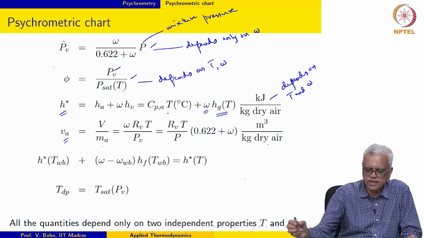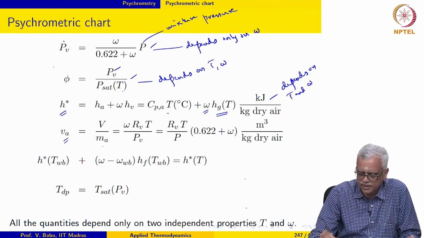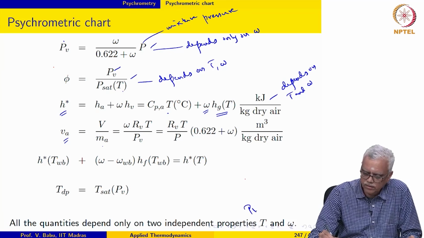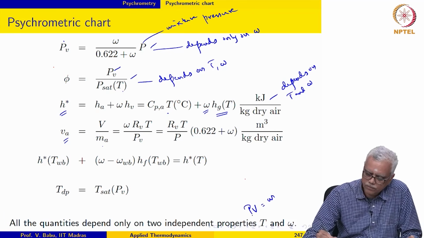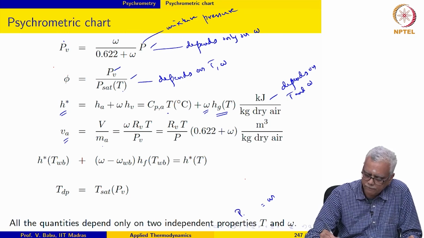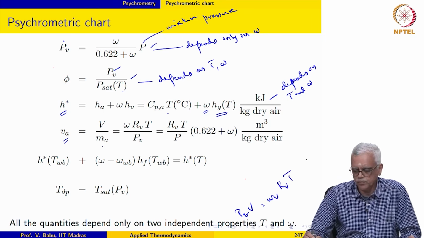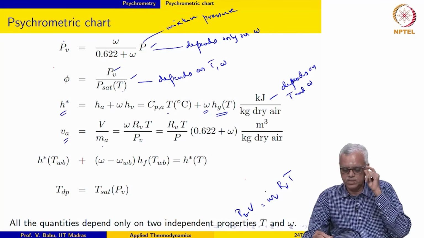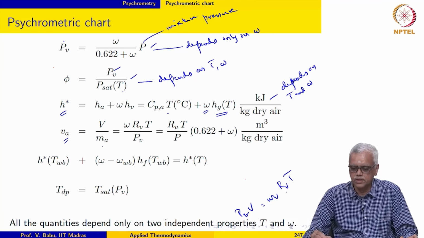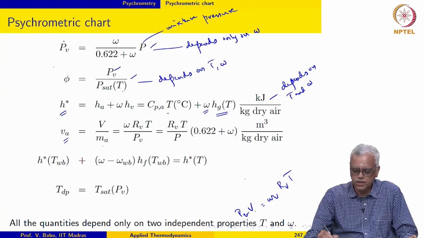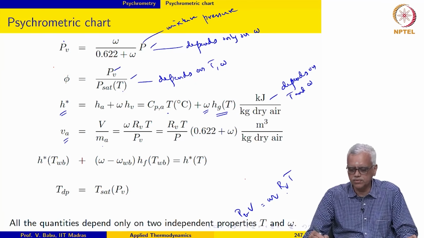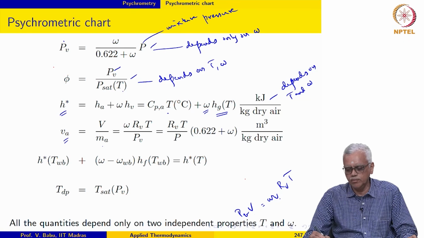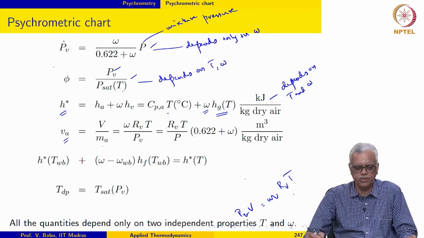Now, volume of mixture itself may be written like this. So, we may write for the water vapor, partial pressure of water vapor times volume of mixture equal to mV times T. So, V itself may be written in terms of the mass of vapor and partial pressure of water vapor like this.